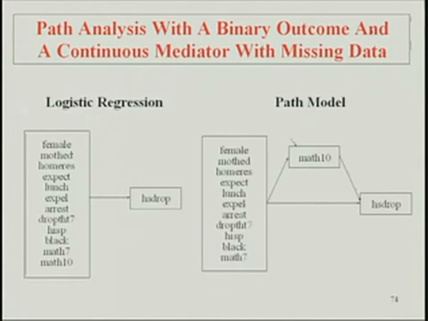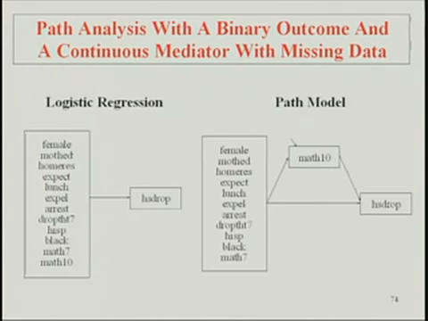It would make sense to do this because the Math 7 score occurs before the Math 10 score in time, and Math 10 occurs before the measurement of high school dropout. So we might want to take those into account in some temporal fashion and pull Math 10 out of the set of covariates and make it a dependent variable.